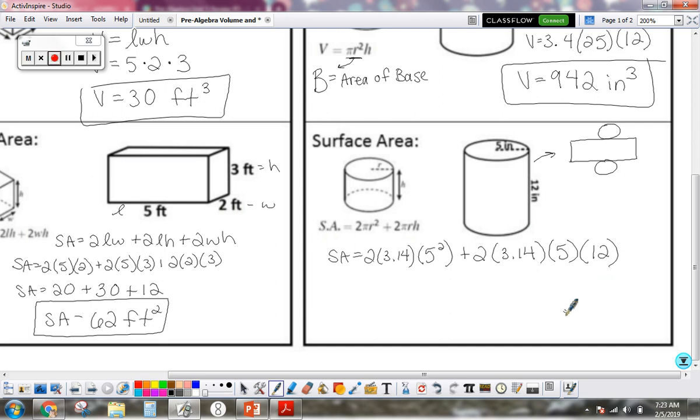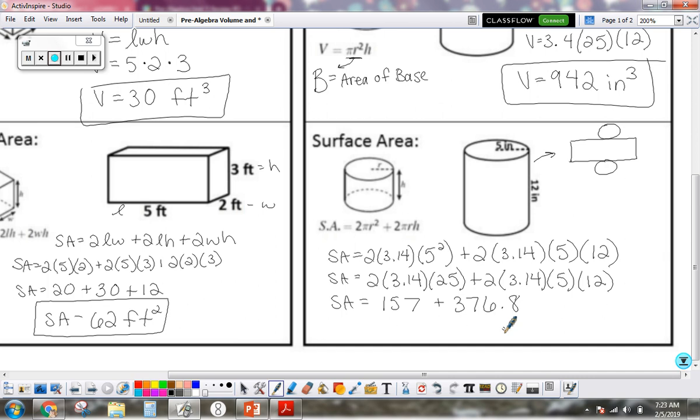So now, order of operations tells me to do 5 squared first, so I'll do that. Bring it all down. All right, now that I brought it down, order of operations says multiply first, so I'll multiply all this together. 2 times 3.14 times 25 is 157, plus 2 times 3.14 times 5 times 12 is 376.8.